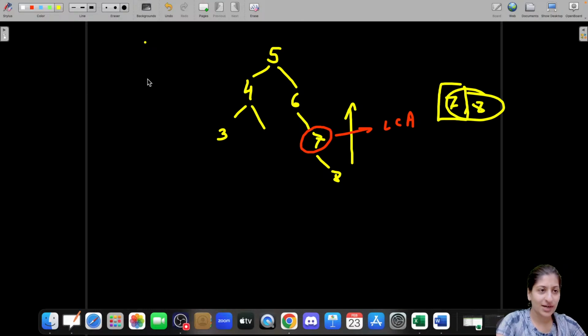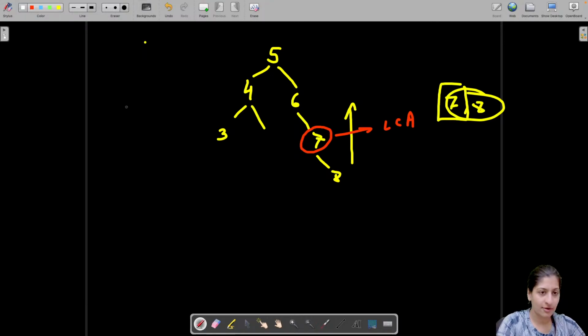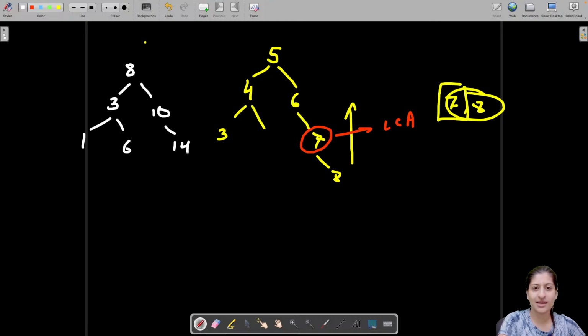So if I take a tree like this, I have 8, 3, 10, 1, 6. Why I am taking an example is because we have to take care that it follows the property of a BST. So I cannot just randomly draw it. It will take some time to see what all nodes I can insert in the left and right. So this is the reason.